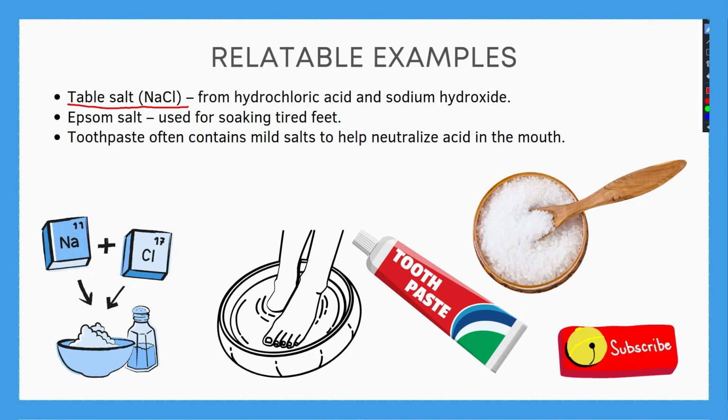So from the reaction that occurs between hydrochloric acid and sodium hydroxide, which I showed in the previous slide, hydrochloric acid is HCl and sodium hydroxide is NaOH. When this acid and this base react, they produce table salt and water. So that's the first example of what a salt is.